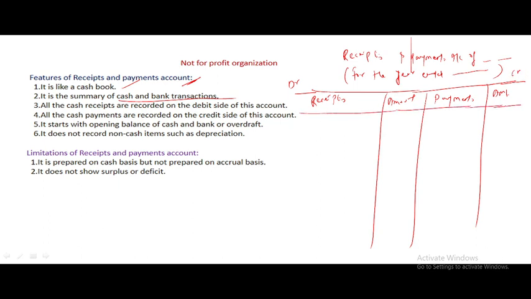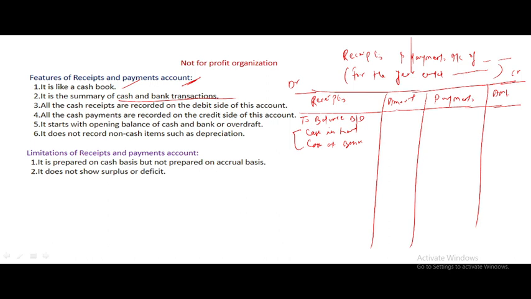Left hand side shows the debit side, right hand side shows the credit side. First, receipts and payment account starts with opening balance, and we write on top "to balance b/d". If we have an opening cash balance, we write cash in hand. If we have an opening debit bank balance, we write cash at bank.